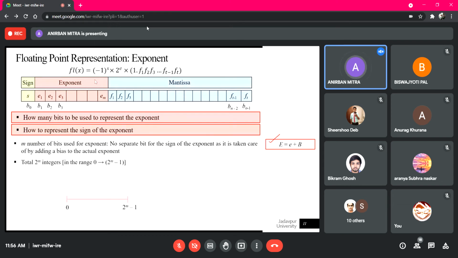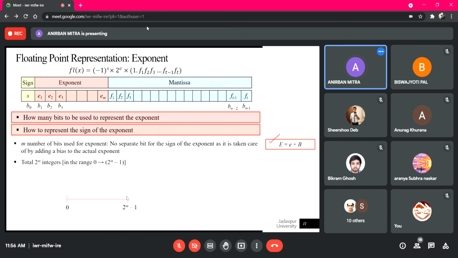Let's say this is the graphical representation of the range. Now, if I shift this 0 to somewhere around here, then along with these positive numbers, I will be able to represent some negative numbers also. One-to-one correspondence would be there.